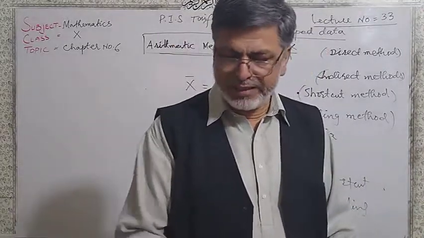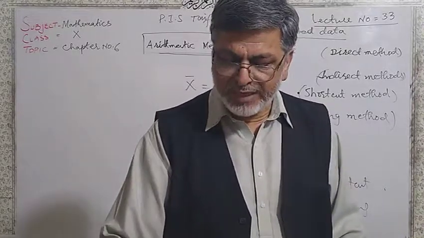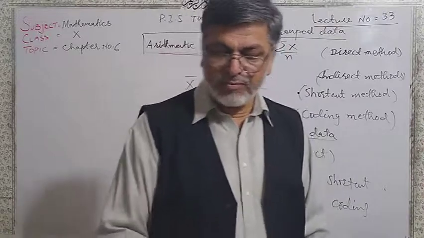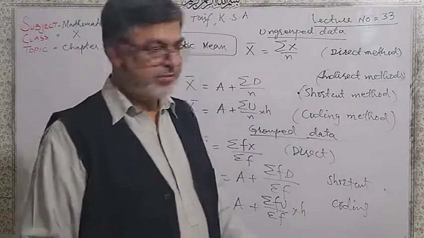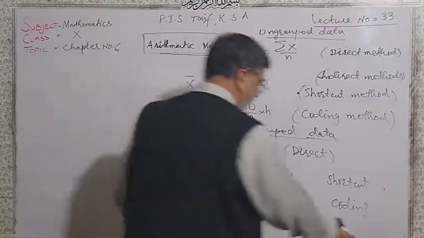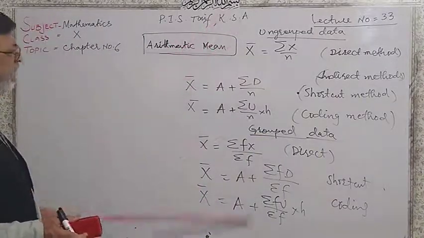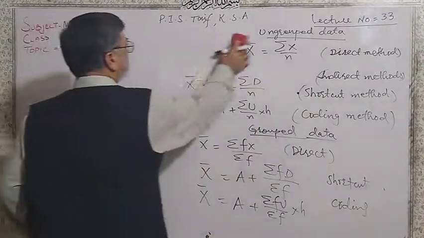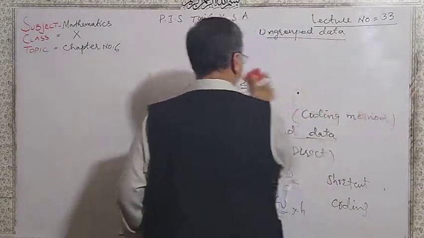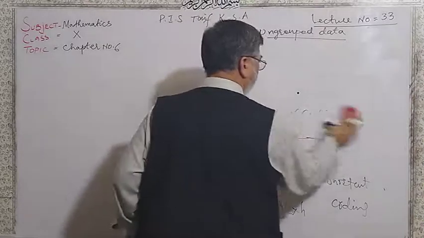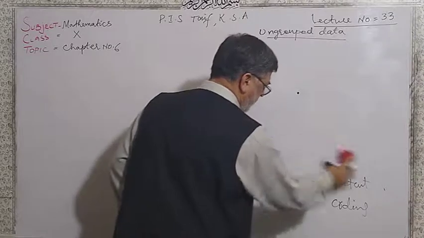After that, we have formulas for mean, median and mode. Again we have the formula for mean. Again we will have ungrouped data in case of median and ungrouped data in case of mode.